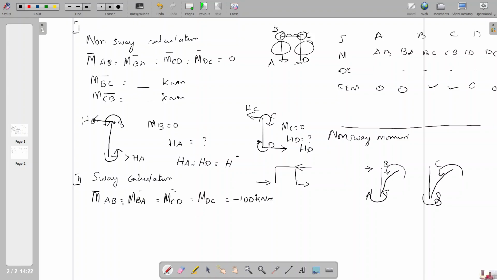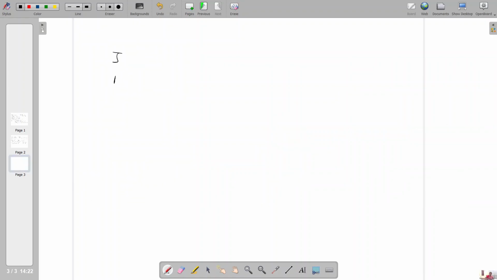And you formulate the moment distribution table, that is joint, member, distribution factor, and fixed end moment for the members A, B, C, D. The members are AB, BA, BC, CB, CD, and DC. And you substitute the distribution factor, and next the fixed end moment value.